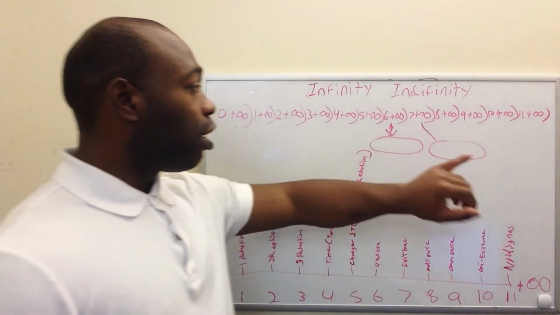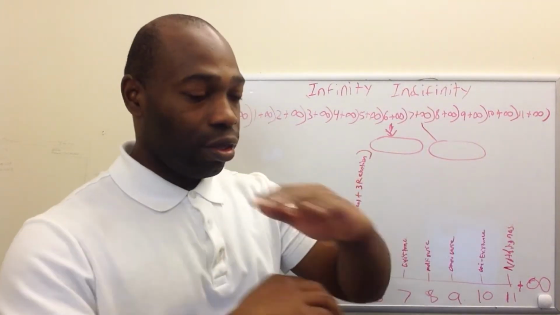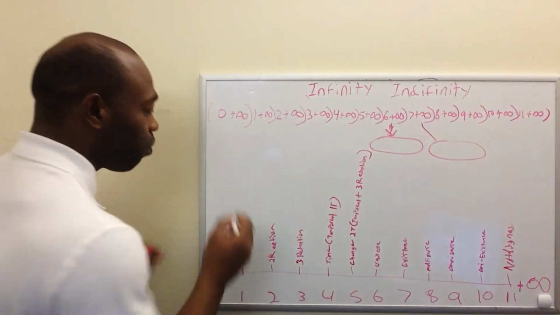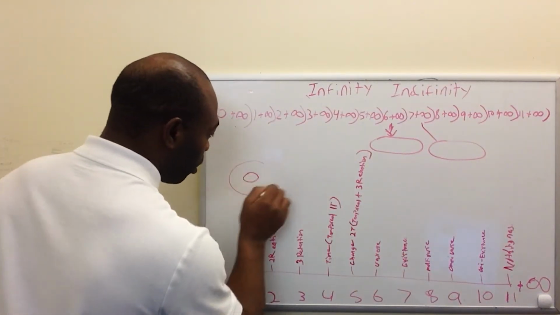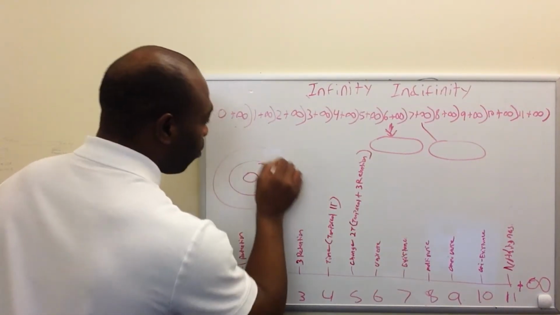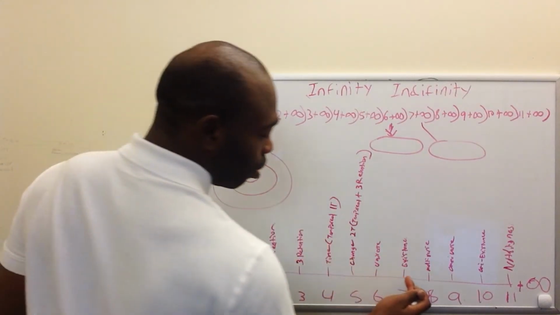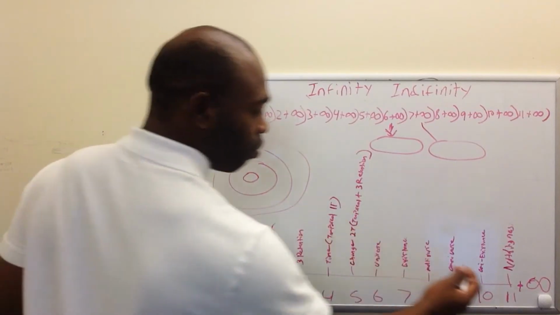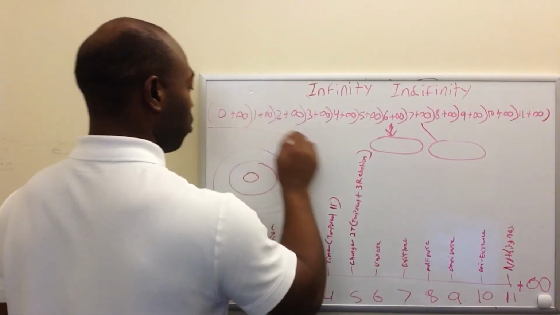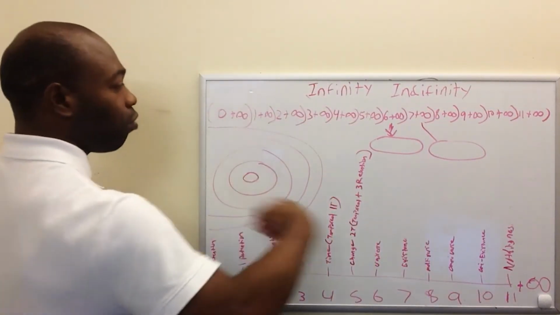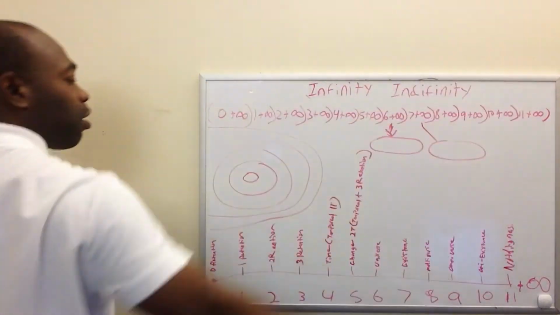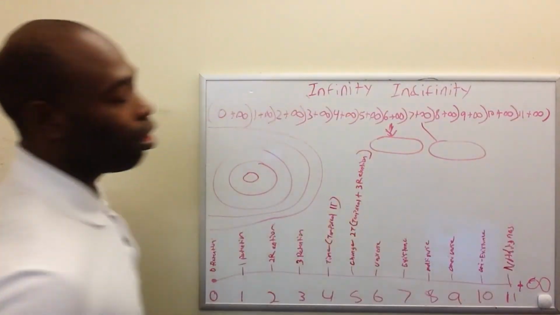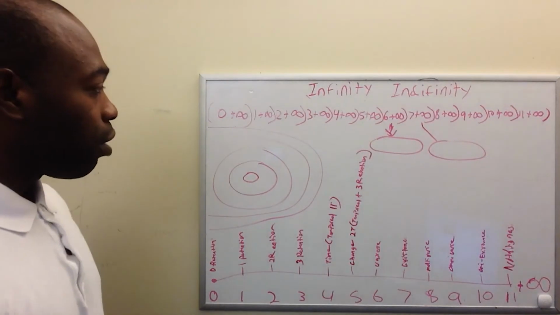Is here. The universe is inside of existence, which is inside of the multiverse, which is inside of the omniverse, which is inside of omni-existence. And then the whole board represents the infinite expanse of nothingness that encompasses everything, right?